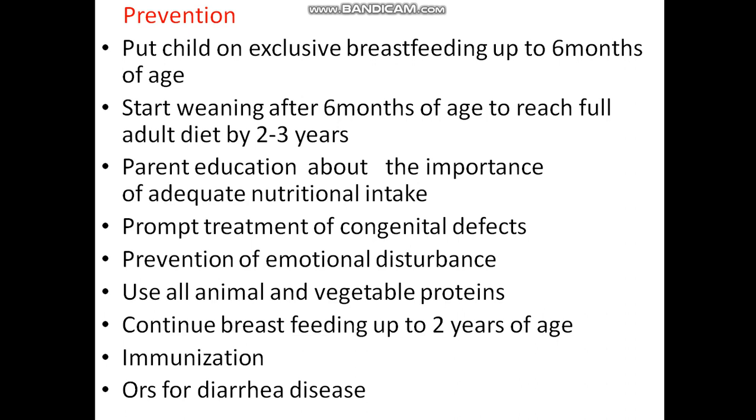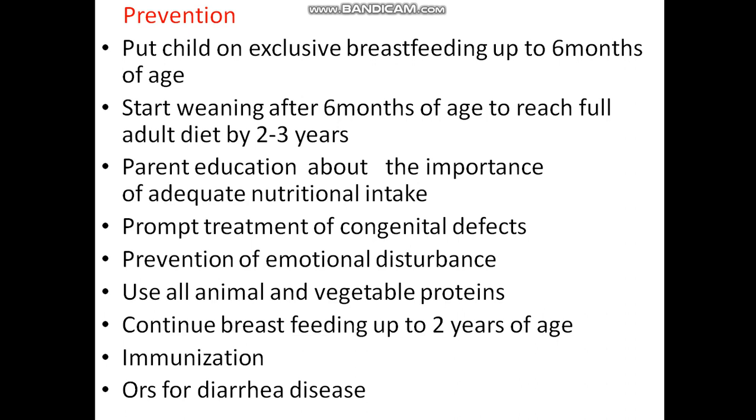Then use all animal and vegetable proteins; give all foods which contain proteins. Continue breastfeeding up to 2 years of age. Then give immunization up to the age. Then oral rehydration solution for diarrhea. These are the preventive measures for kwashiorkor.